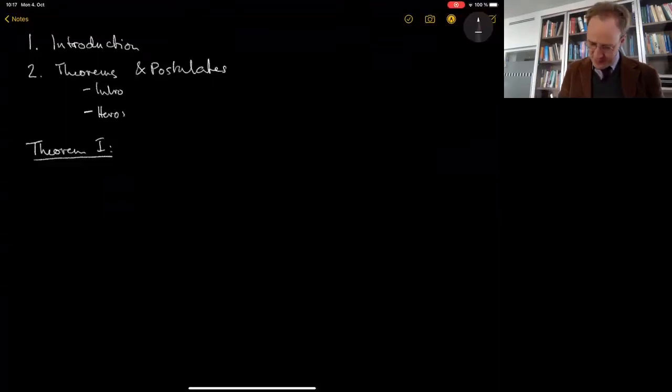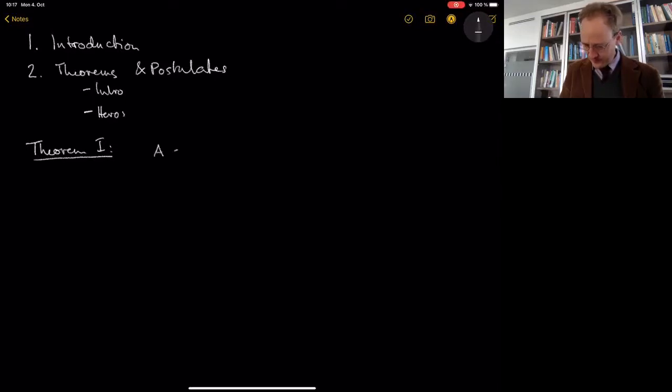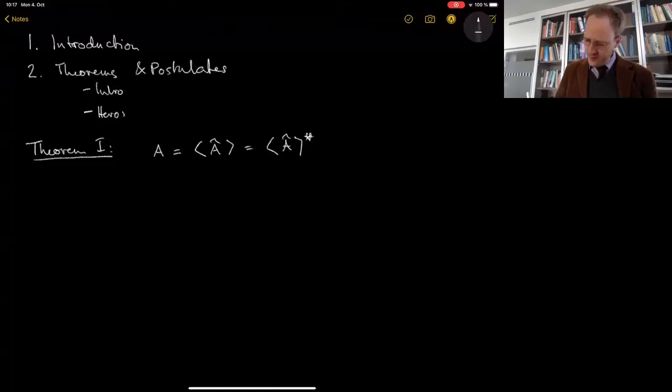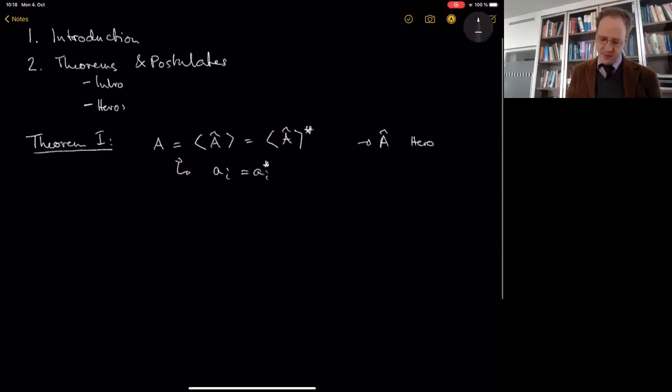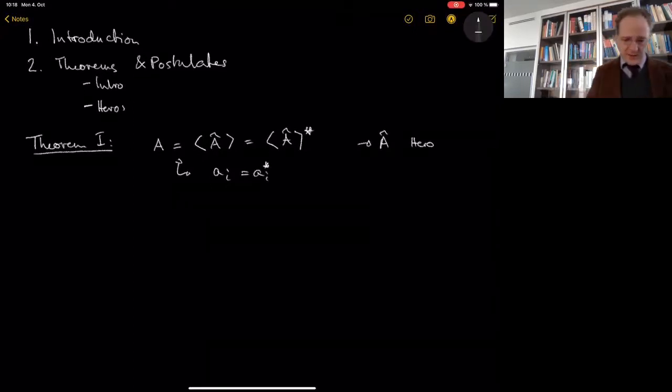So if your expectation value of a hero, a Hermitian operator, is real, then also the eigenvalue must be real. So that was theorem one.